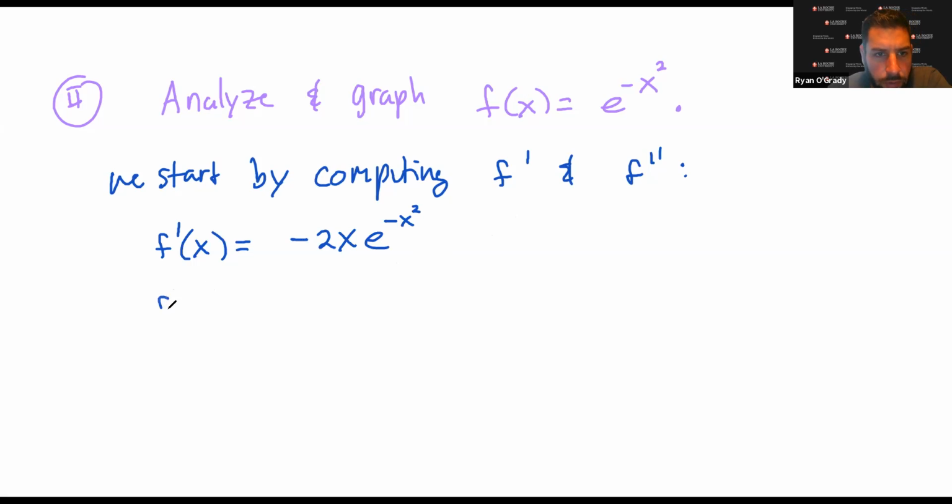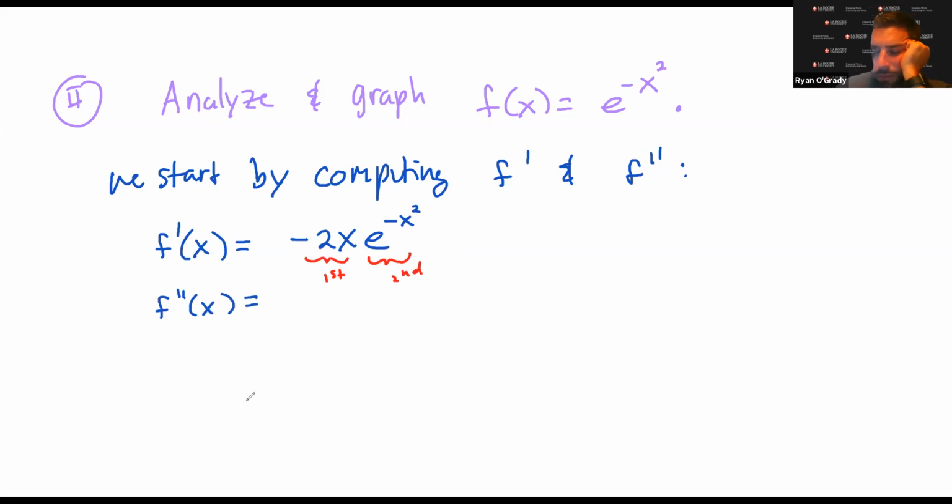Now, for the second derivative, we have to use not just the chain rule, but also the product rule. This is one that usually frustrates us, it's a little difficult. I'll think of this as my first function, and this is my second. And I'm going to recite in my head what I told you guys to do weeks ago.